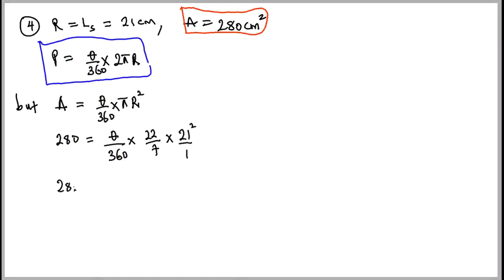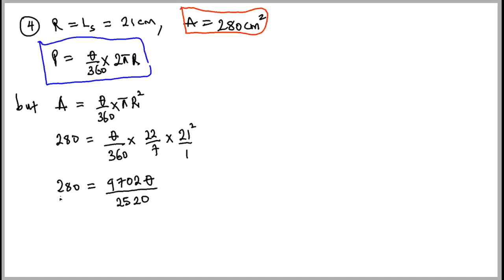So we have 280 equal to, let's multiply 22 by 21 squared. 22 times 21 squared is 9702, and 9702 times theta gives 9702 theta. This is divided by the famous number 360 times 7, which is 2520.